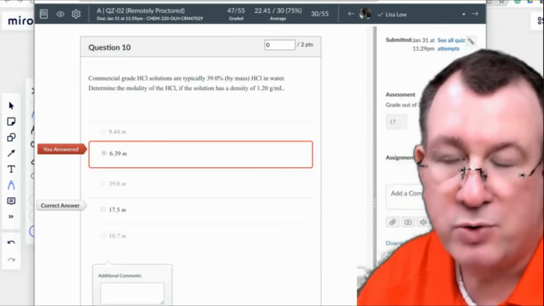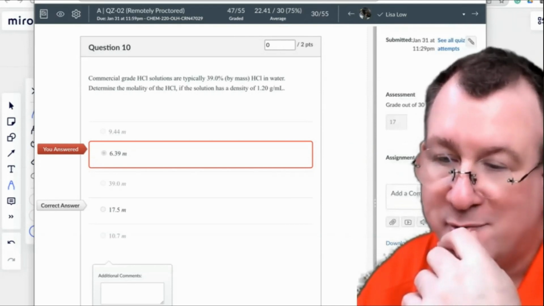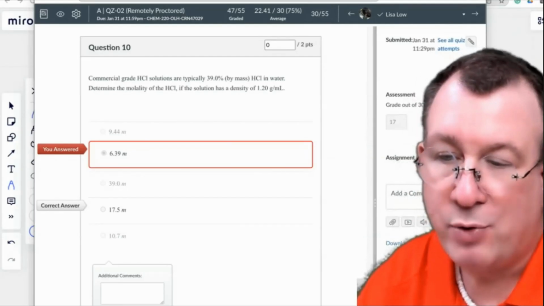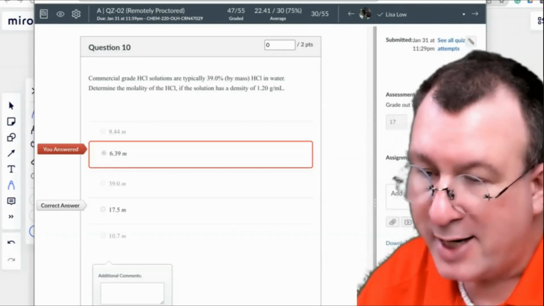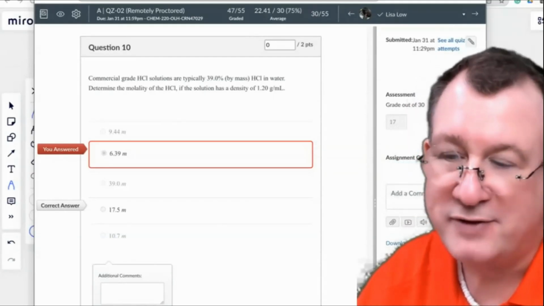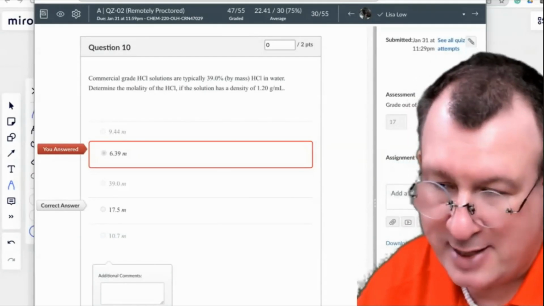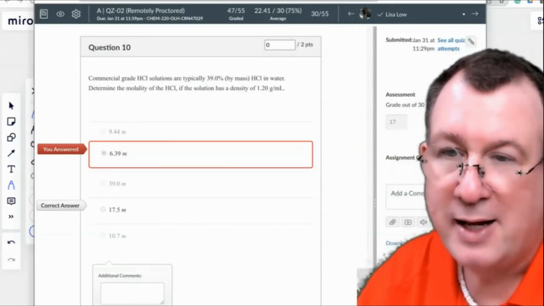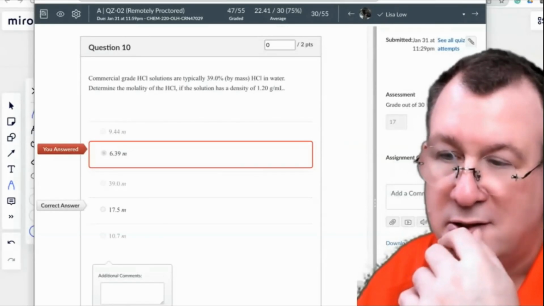So I take 1.08 and divide it by 0.061. I get something like about 17.8, which, since I've been rounding off numbers, the only one that really fits is 17.5. Did that process make sense to you? Yes. Okay.